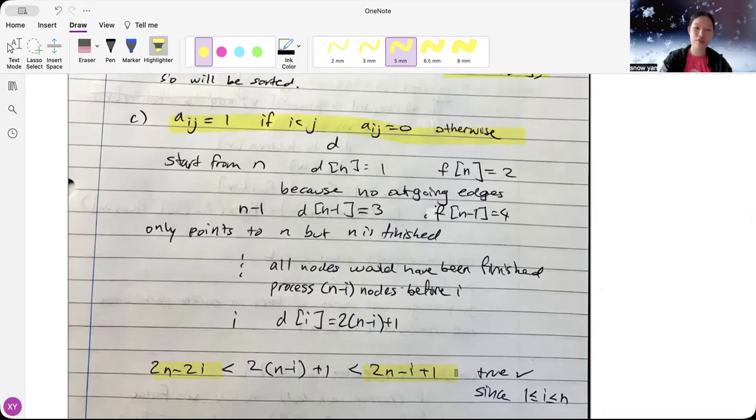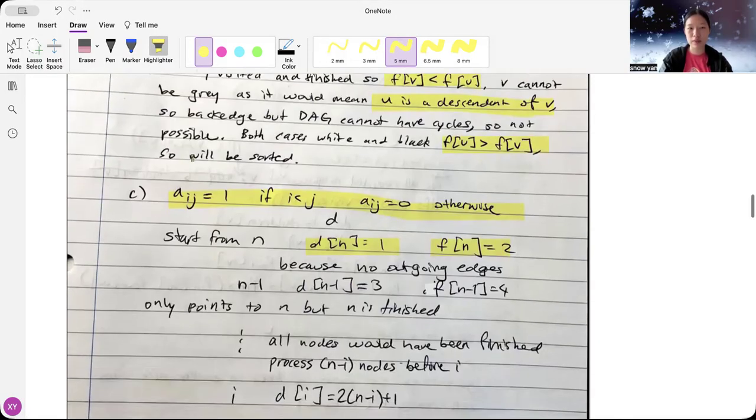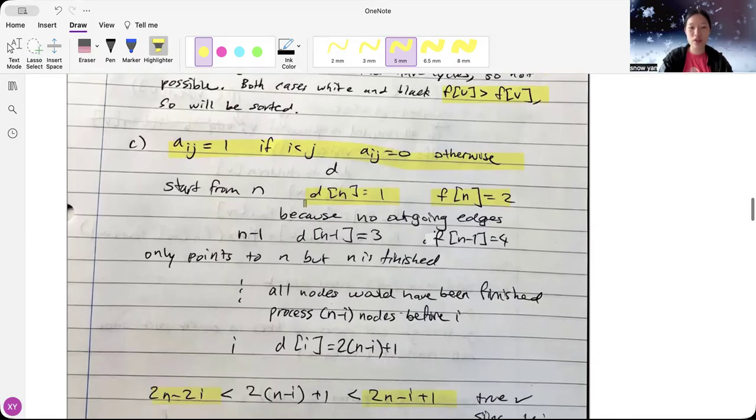So let's say that we start from n, right? If we start at n, the discovery time of that would be 1. The finishing time of this would be 2, because there are no outgoing edges for n, because a[i][j] is equal to 1 only if i is smaller than j. Then the next one would be n minus 1, with discovery time 3, and then the next one would be 4.